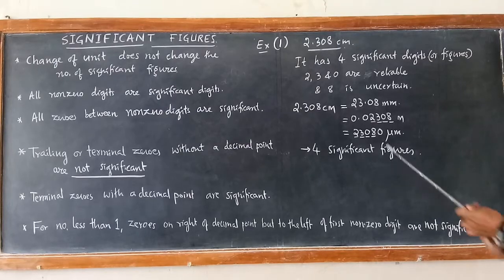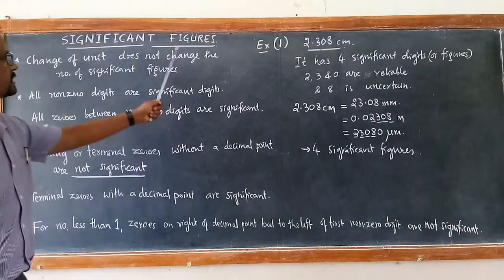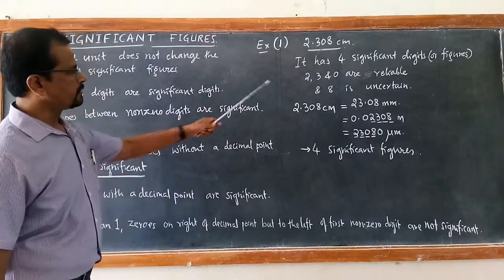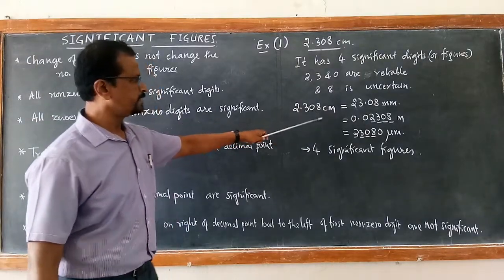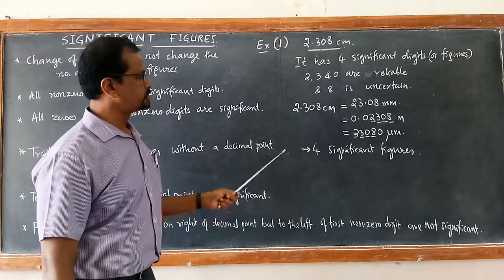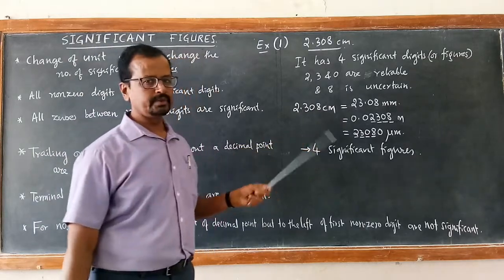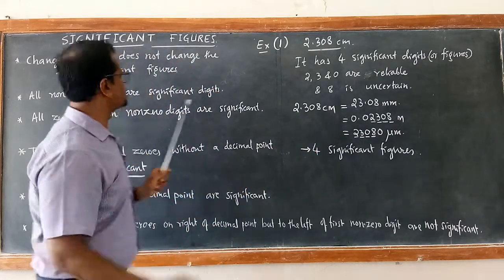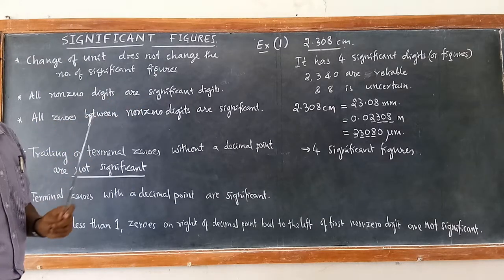Let us learn the rules for finding the significant digits or significant figures. From the example we just considered, we changed the unit from centimeter to millimeter, millimeter to meter, and meter to micrometer, and we understood that by mere changing of unit, the significant figures do not change. Rule: change of unit does not change the number of significant figures.